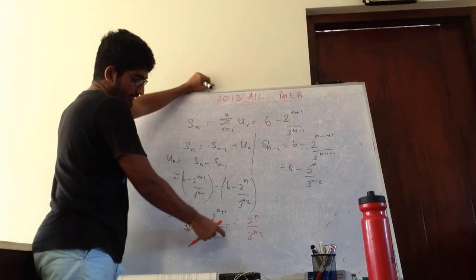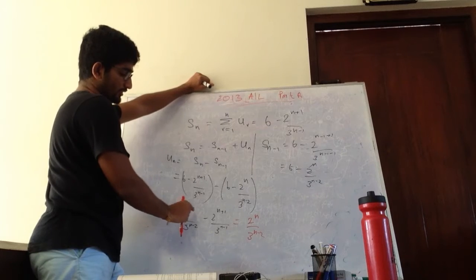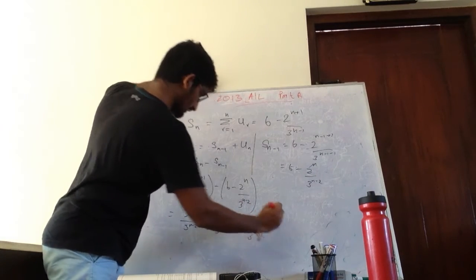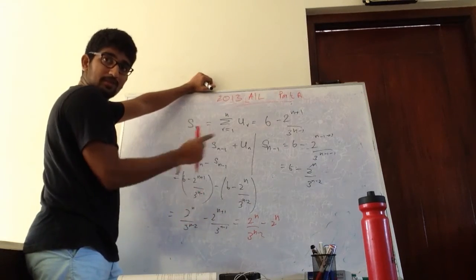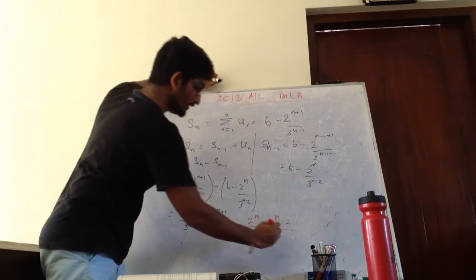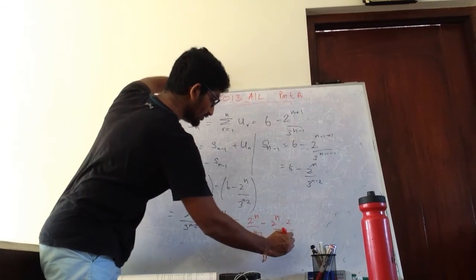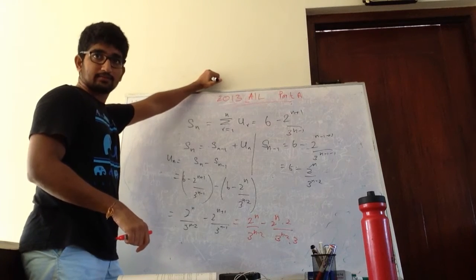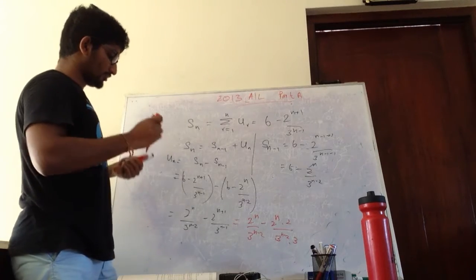So I'm going to write this in these terms, right? So in 2 to the n and so on. So I'll get 2 to the n. So this is 2 to the n plus 1, no? That means into 2. Here it is going to be 3 to the n minus 2 into 3 to the n, so then we will get 3 to the n minus 1. Correct? Right?